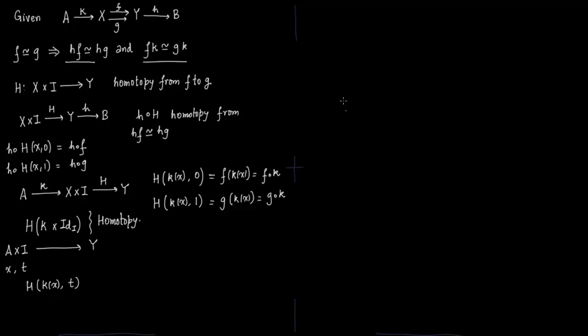Now another lemma we want to prove, so this was number 2. Number 3 we want to show is that this homotopy equivalence, the homotopy equivalence we talked about, is an equivalence relation on topological spaces.